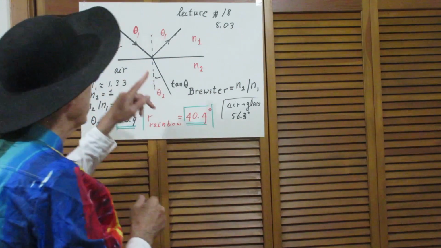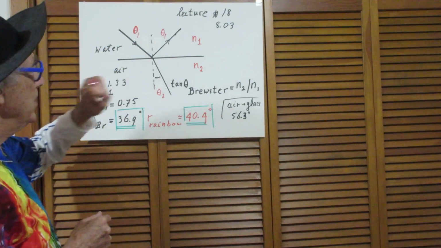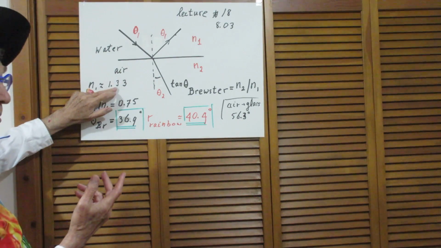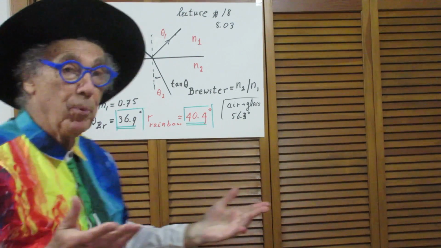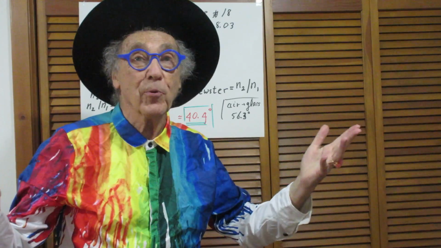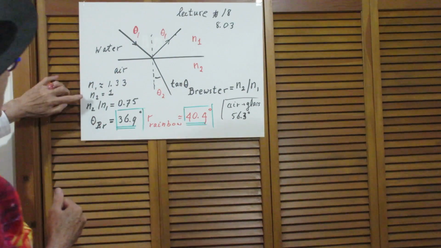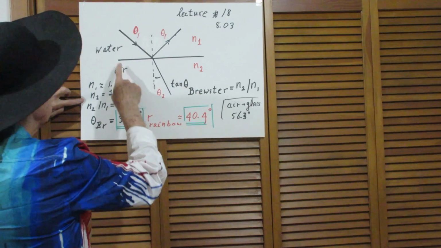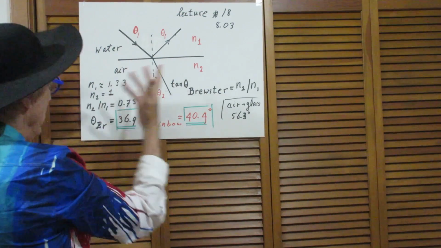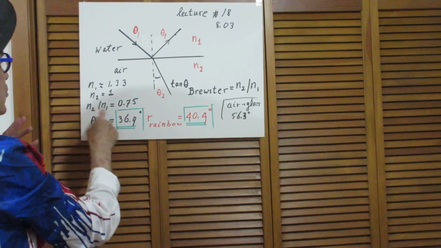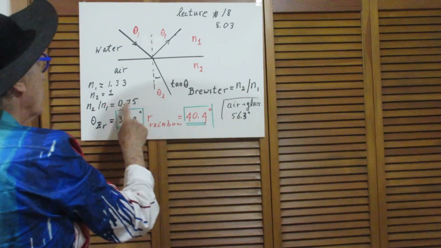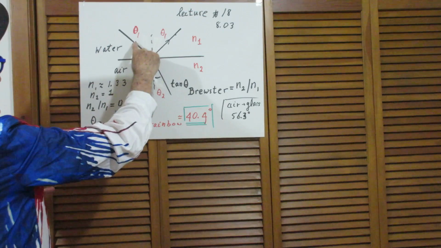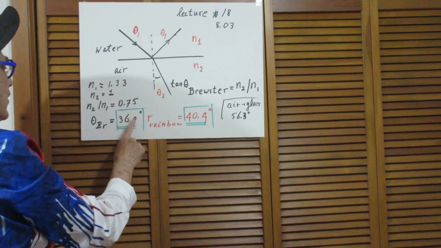So n1 is then the index of refraction of water, which for visible light is very close to 1.33. And of course n2, which would be the air, this is water, this is air, would be 1. So n2 divided by n1 would be 0.75, and so the Brewster angle, which would be this angle then, 36.9 degrees.